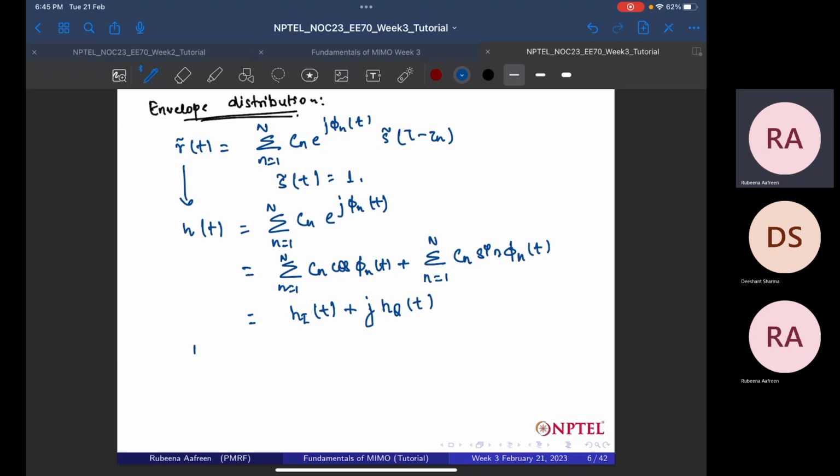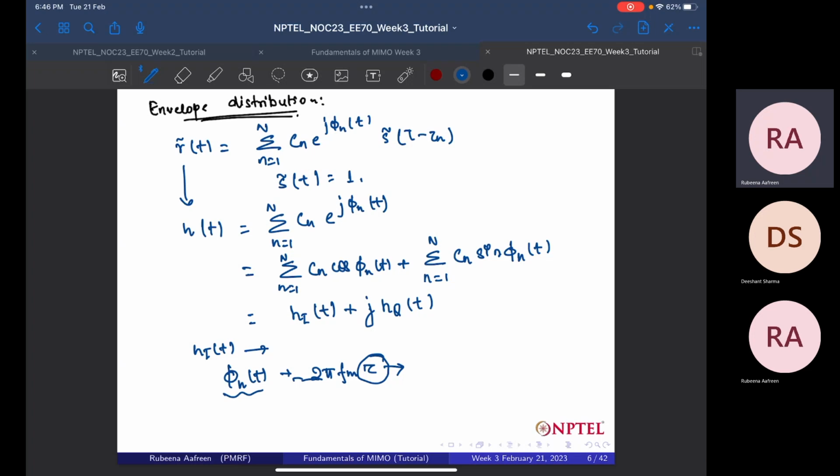Now we see that these in phase component and quadrature component are functions of t. This phi_n is a function of t. This phi_n is 2 pi f_m tau something. So here these tau we are taking as same, constant, but this phase difference we are not taking as constant.